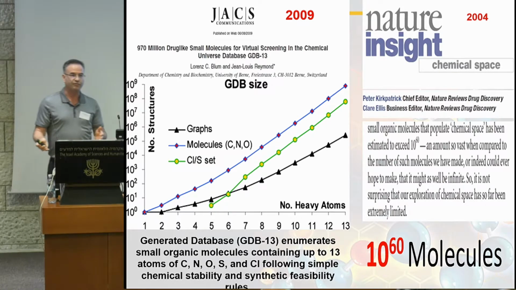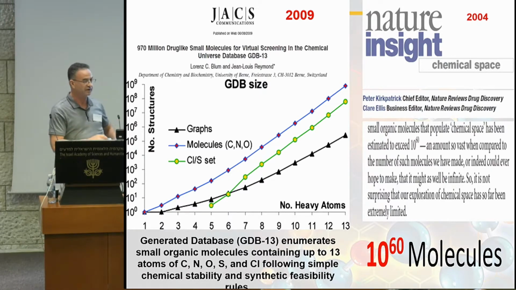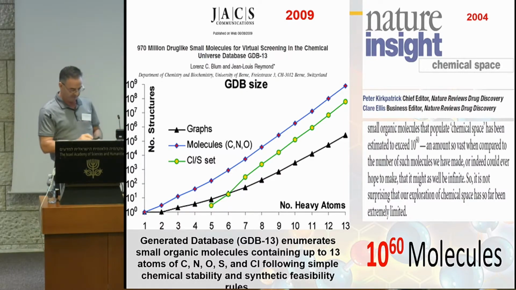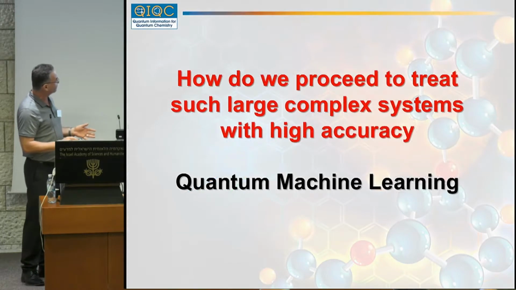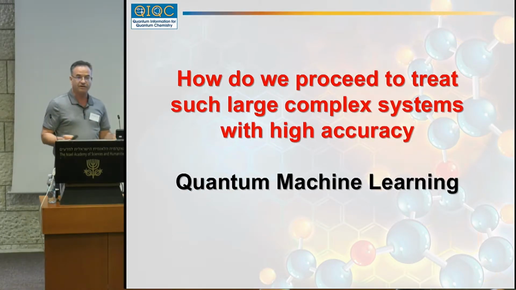And the question, how do you bridge the gap from a small system to such a large one, and this is only organic molecules. And if you go to the full chemical space, we talk about larger than 10 to the 80. So we thought about this point, we can think about merging classical machine learning with quantum computing into a new algorithm of quantum machine learning.